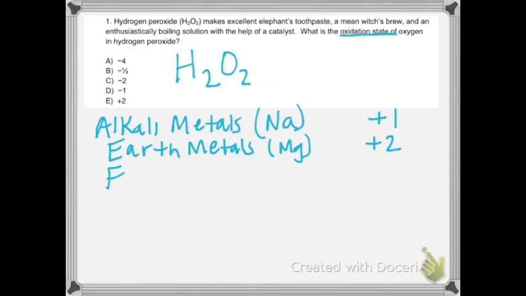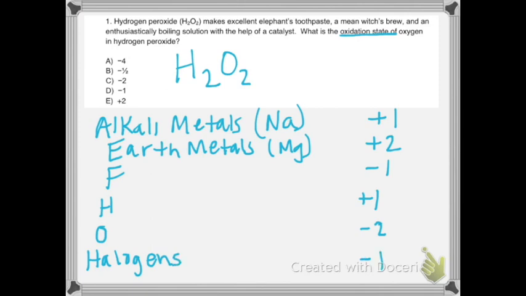Fluorine has a suggested oxidation number of -1. Hydrogen is usually +1. Oxygen we usually consider to be -2. And then the rest of the halogens are -1.